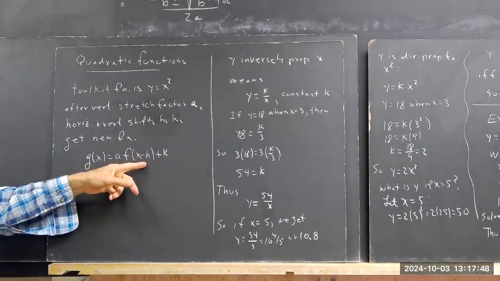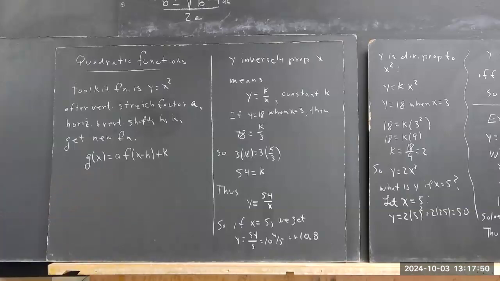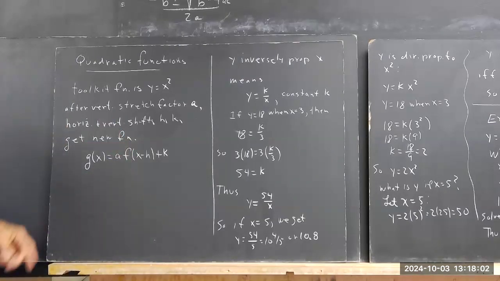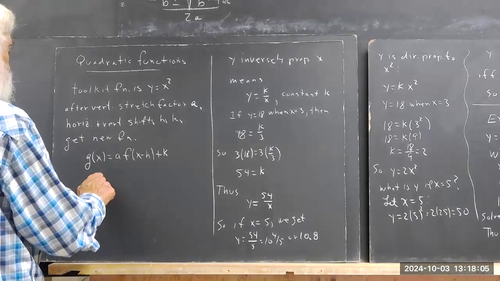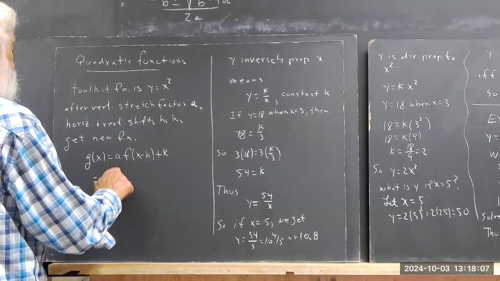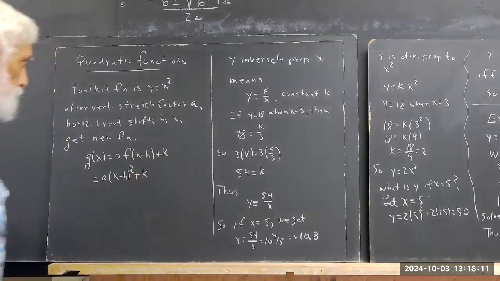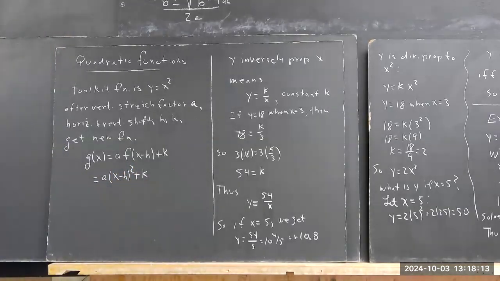Something you need to have pretty much completely mastered for this test, and did the homework on a few weeks ago, okay? With function notation and transformations in chapter 1. Well, that equals A times (x minus H) squared plus K. All right.